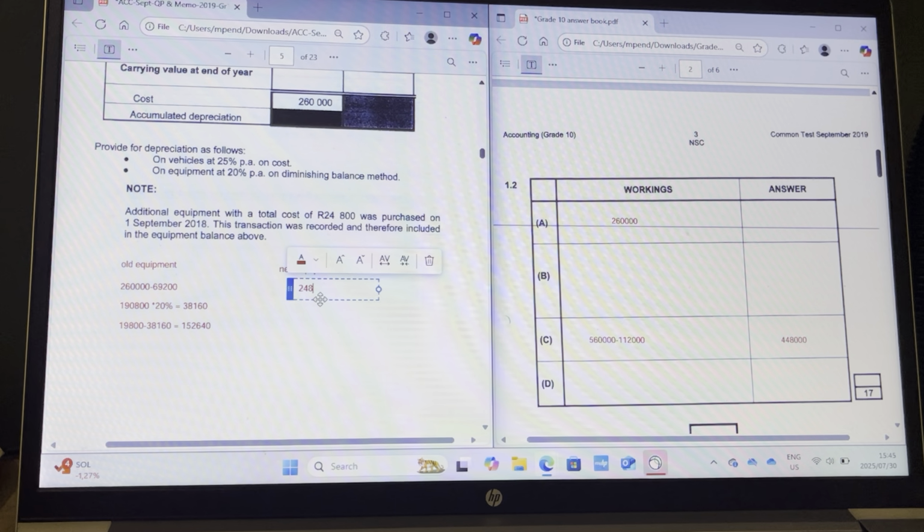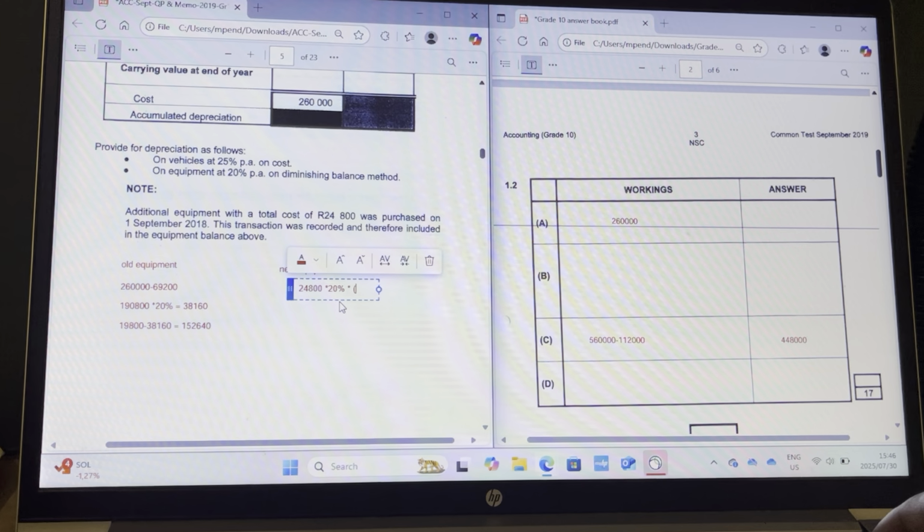Okay, cool. So we have new equipment though of how much? Of 24,800. So this is new. When was it purchased? We need a timeline. It was purchased on the 1st of September 2018. So we cannot depreciate it fully for the 12 months. So what do we then have to do here? Let's find the 20%. It's 20%, but it's going to have to be for how many months?